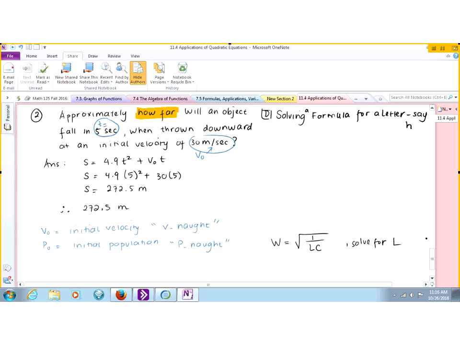But what would you do first? So first we have to clear fractions and radicals. Then combine all like terms.